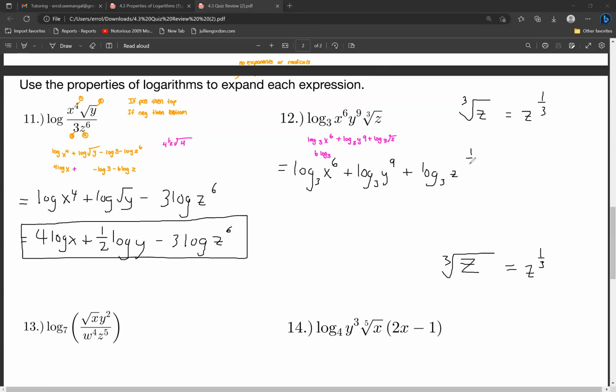Z to the 1/3. Okay, can you simplify this, or this? What is this first one equal to? I think the first one's 2.